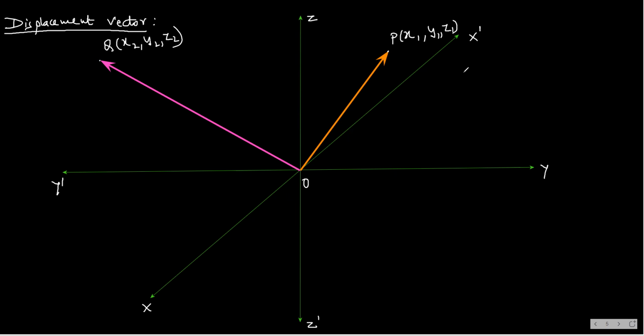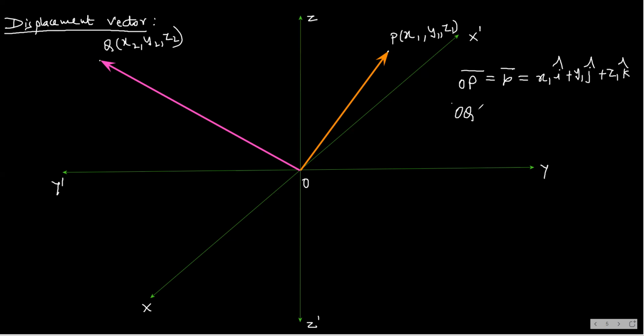If I write OP bar, these two points are in space. I have drawn the x, y, and z axes. OP bar, which is equal to small p bar, is x1 i cap plus y1 j cap plus z1 k cap.